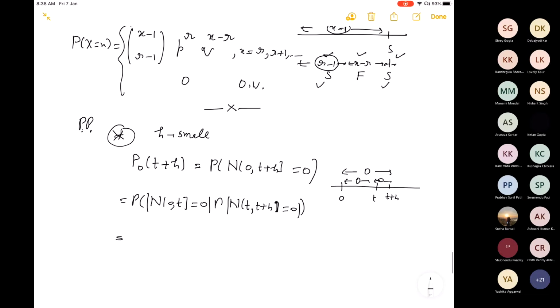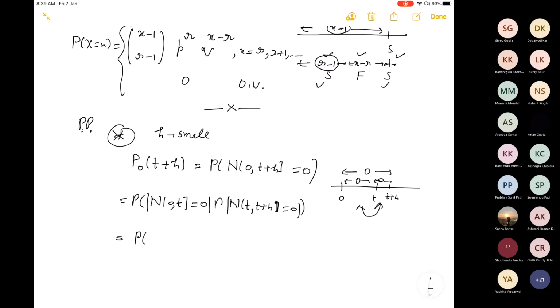But by assumption 1, that means Nt has independent increments. Events occurring in disjoint time intervals are independent. So events occurring here and occurring here are independent.